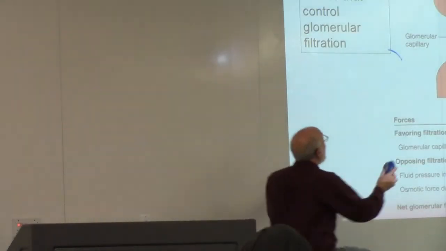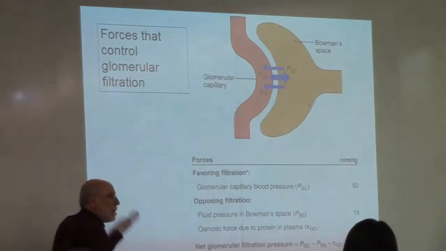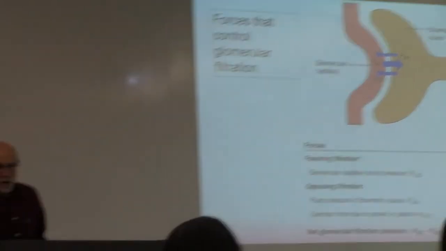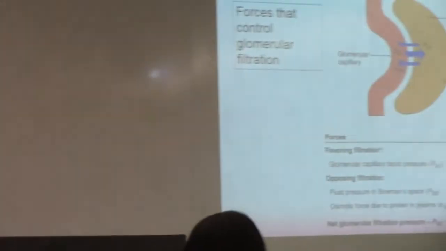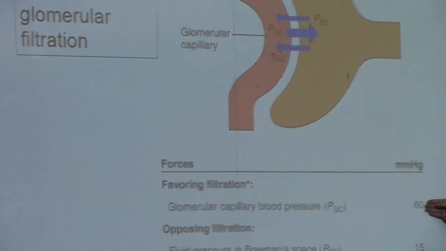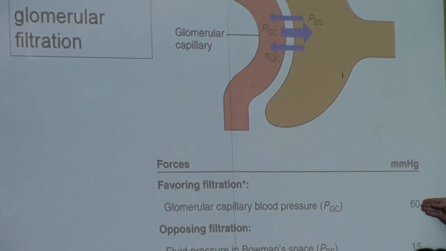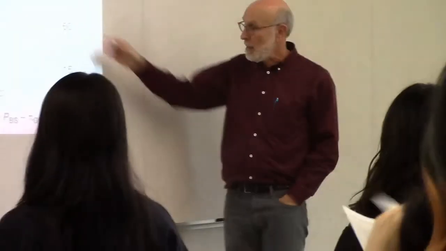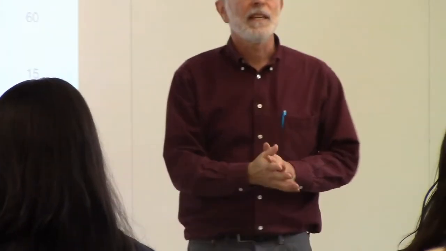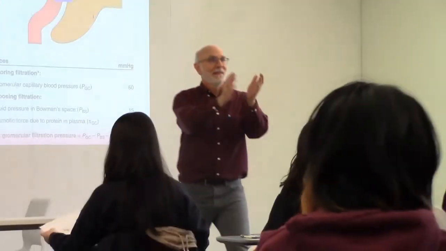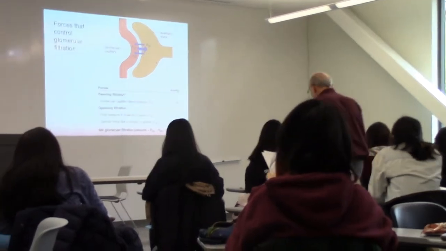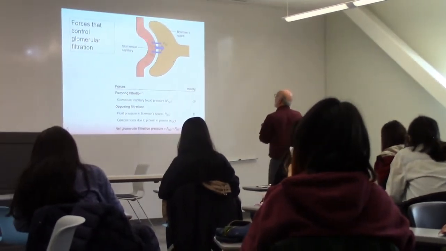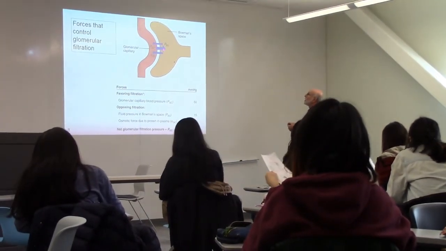Okay, just a refresher about filtration. What favors filtration is the hydrostatic pressure in the glomerular capillaries. And that's what, I need the laser. Who's got this? That's what this big arrow is supposed to be illustrating.